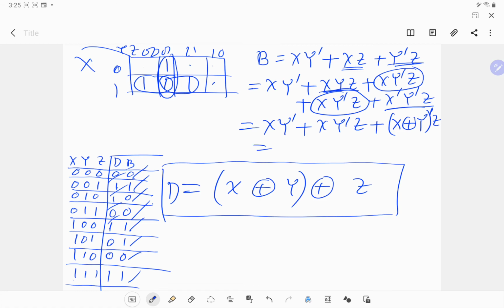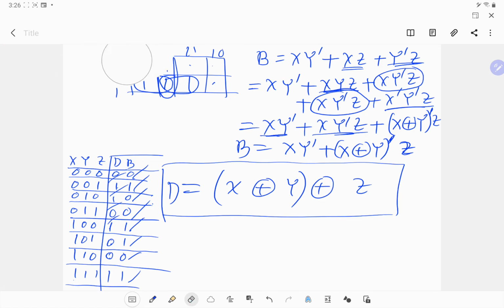So now, what do we have here? Between these two terms, X Y prime is common, then we get 1 plus Z. So this will actually give us X Y prime plus X exclusive NOR Y and Z. Okay, so this is the equation for borrow B.